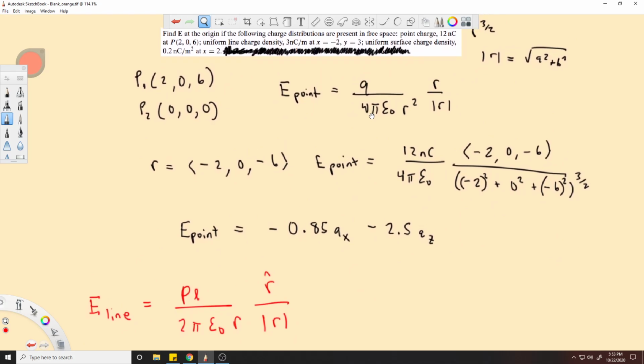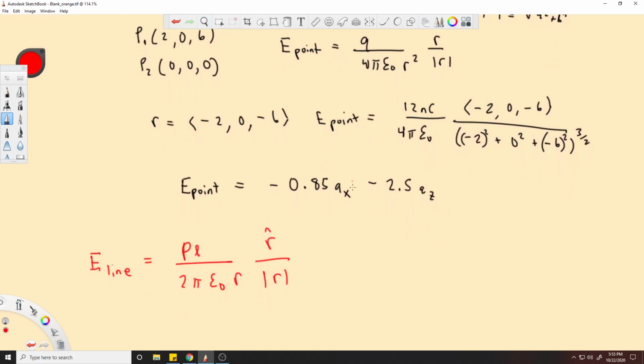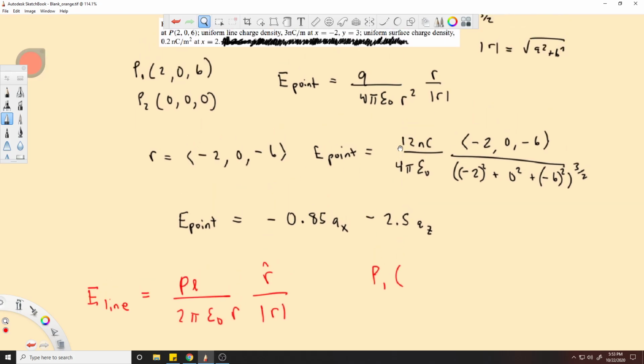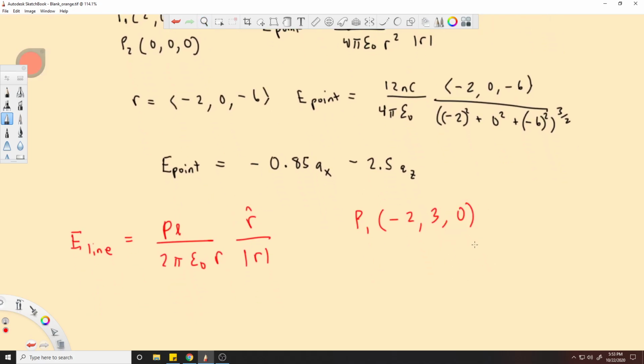So now we find out what our R is. Just like the last time, we have our 2 points of interest. Our first point will be negative 2, 3, and then we'll call that 0, even though it's an infinite line charge, so we know we're not going to have a z component there.